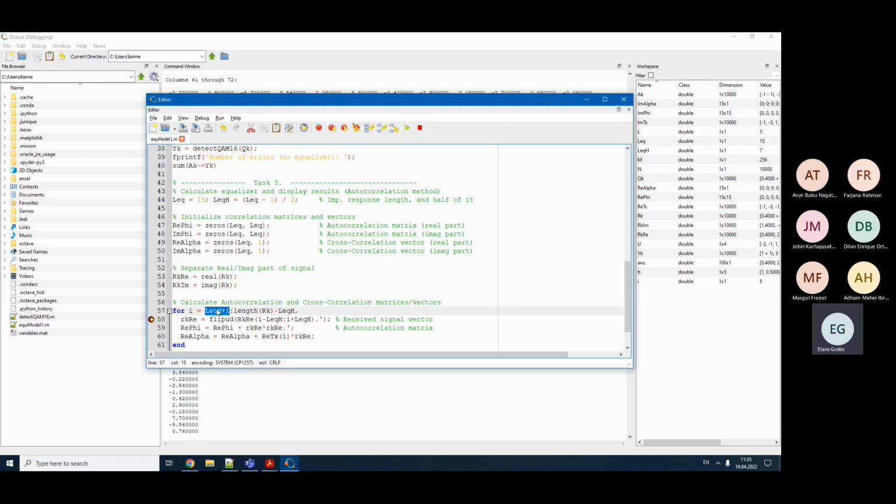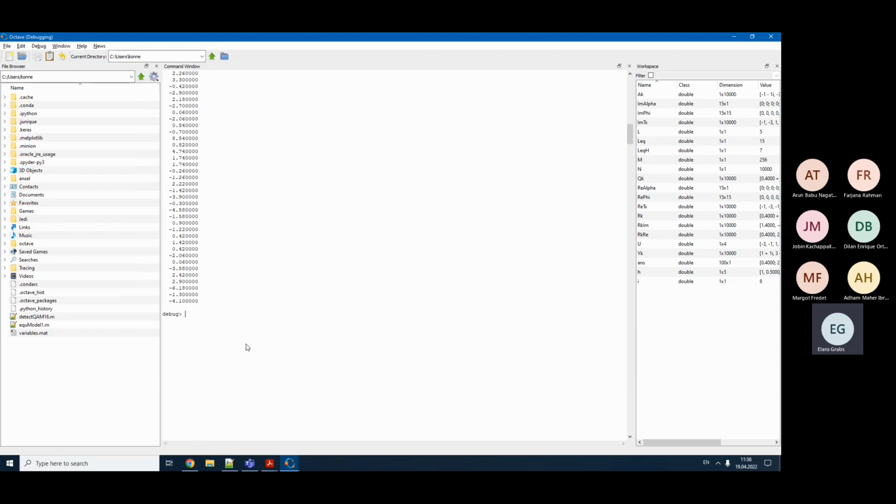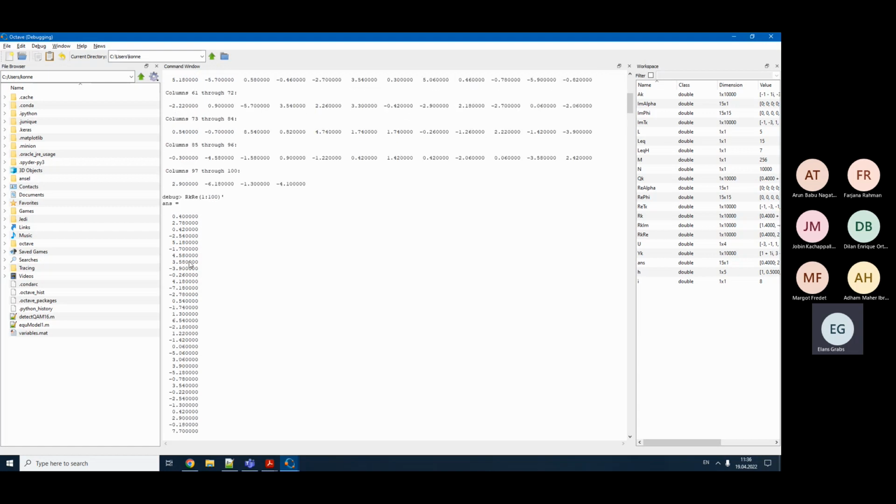If we subtract from LEQ half plus 1 just LEQ half, we are left with simply 1 and go up to LEQ half plus this value, that would be double LEQ half. All this is simply LEQ. So first this will be from value 1 to value 15. So let's see if it's true. Also, I need a transpose, yes, and you can clearly see that indeed these are the first 15 values.